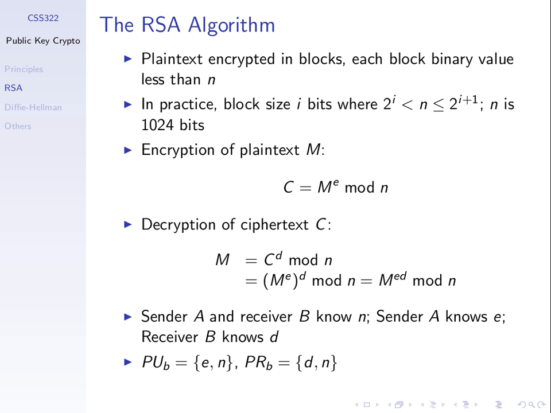Sometimes you'll see PUK, PRK as well. That's okay. It's just the notation I will use, and you'll see various notations. In fact, you'll also see the subscript to say that it belongs to a certain user. PUB, PRB belong to user B.